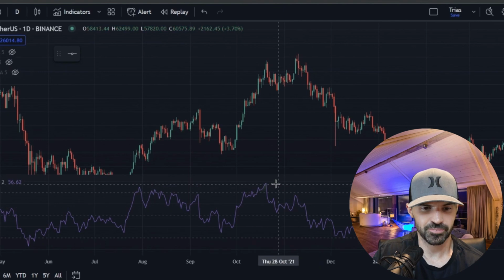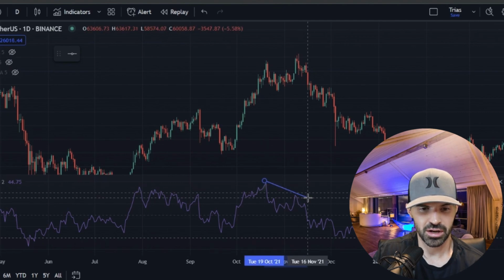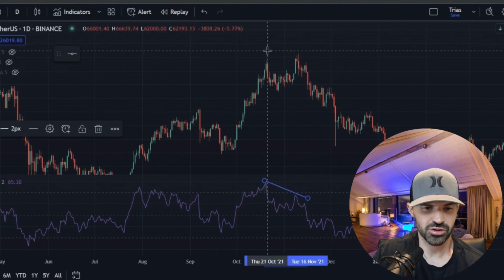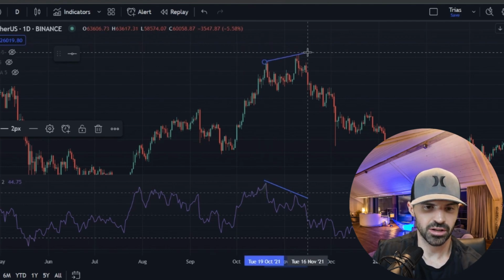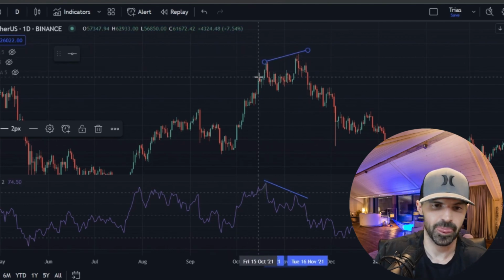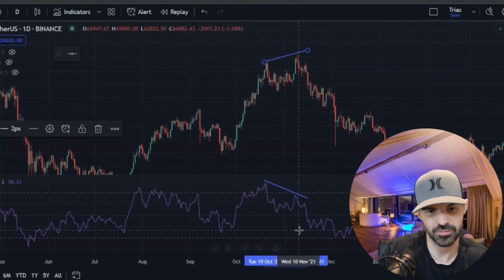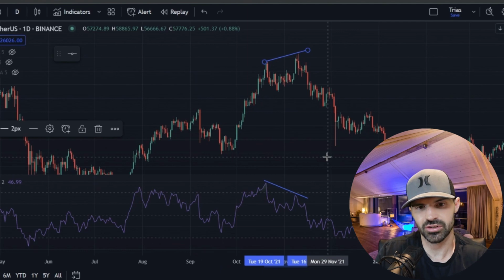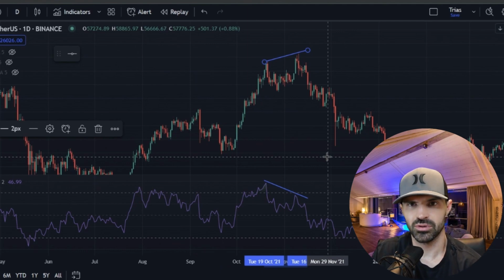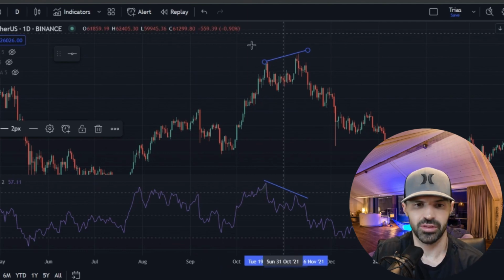So essentially, this was a high and a lower high. And if you look at the chart, it put in a high and a higher high. This is what you call bearish divergence. Once you see bullish or bearish divergence, that should scream to you that there's going to be a trend reversal and that it's a trap.